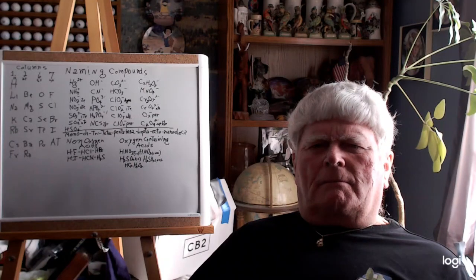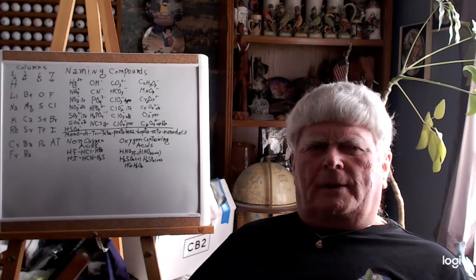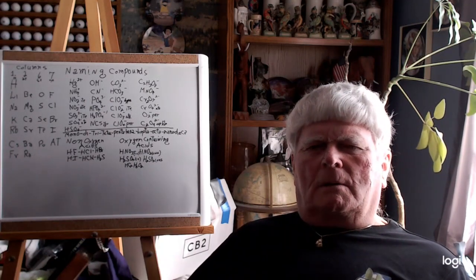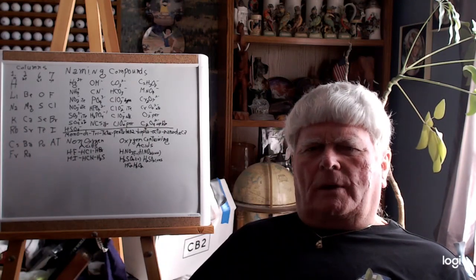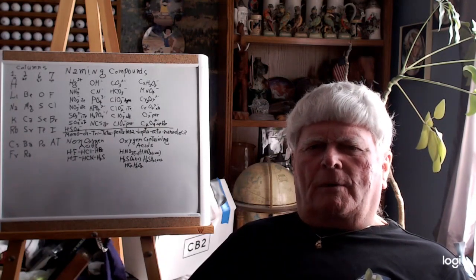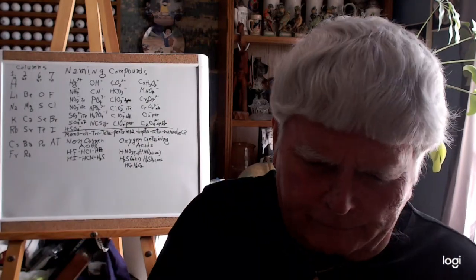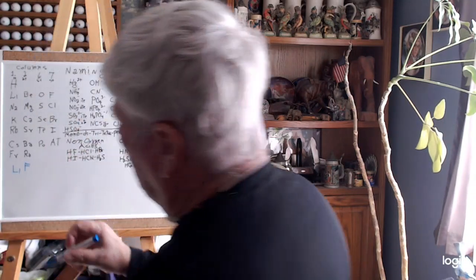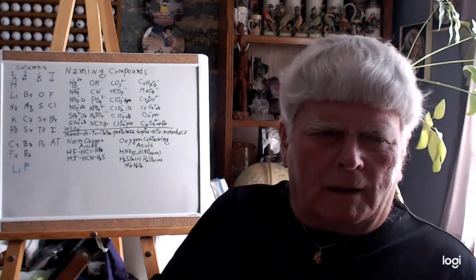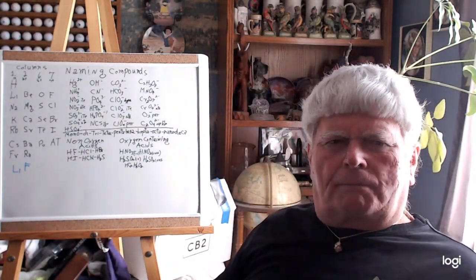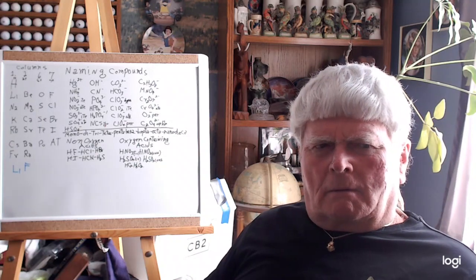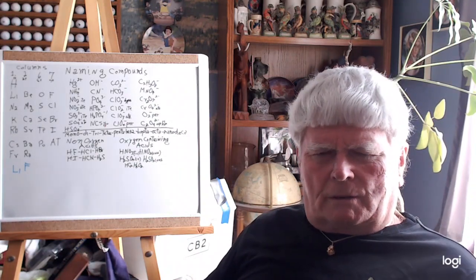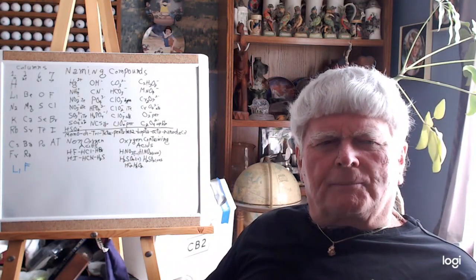These are named very straightforwardly. For instance, lithium, Li, plus fluorine, F, forms lithium fluoride, LiF. Now, lithium fluoride is a fairly caustic substance, so not to be messed with.